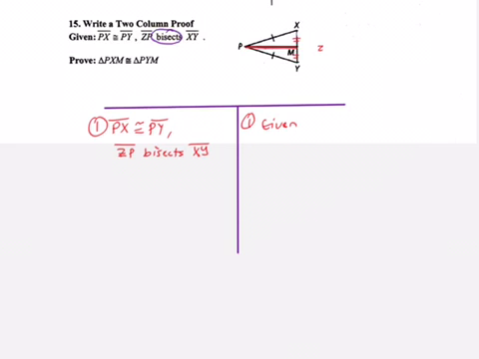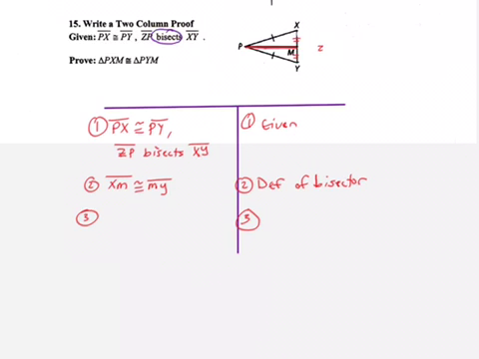All right, so now that we have the given taken care of, we're going to apply that key phrase. Well, because ZP bisects XY, we know that XM is congruent to MY, because to bisect it means to create two equal parts. And so this is just the definition of bisector. All right, now we have two sets of sides, but maybe we need another, either an angle or a side.